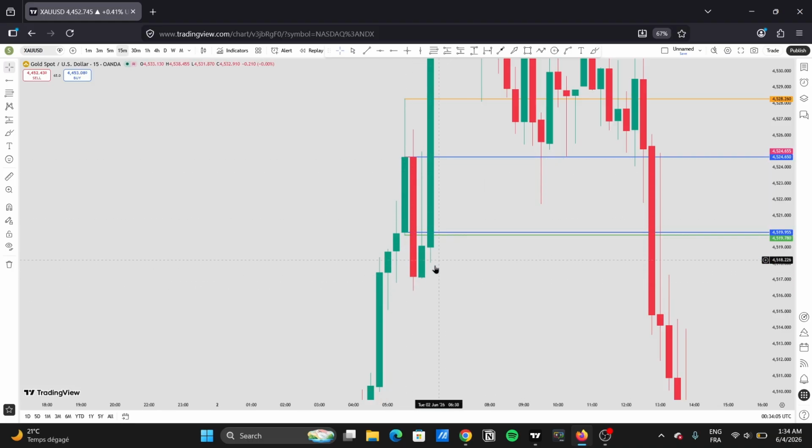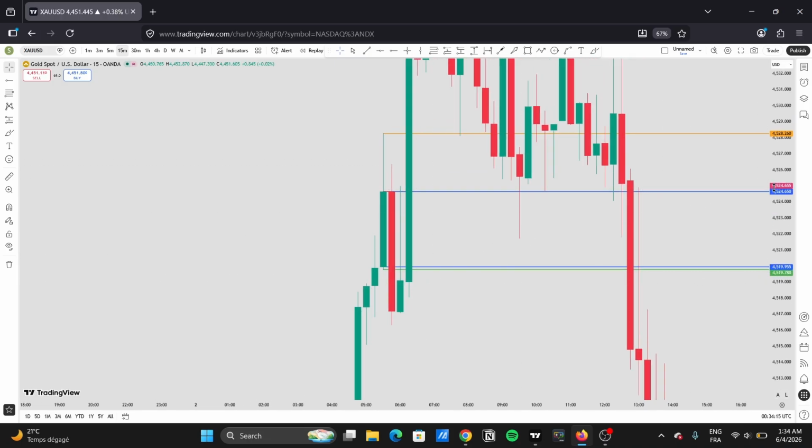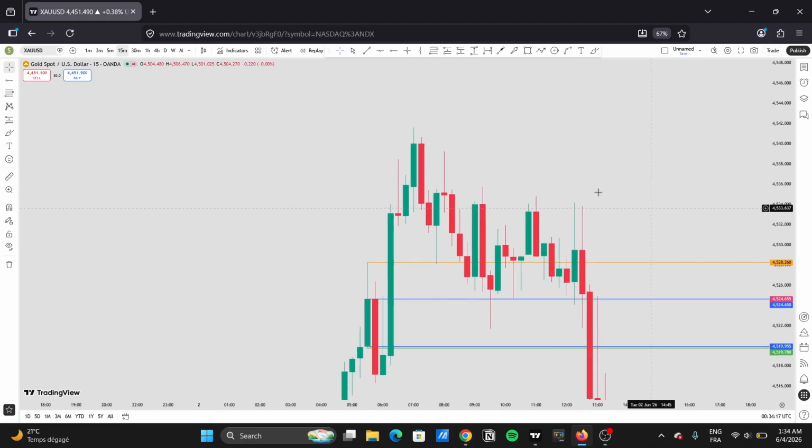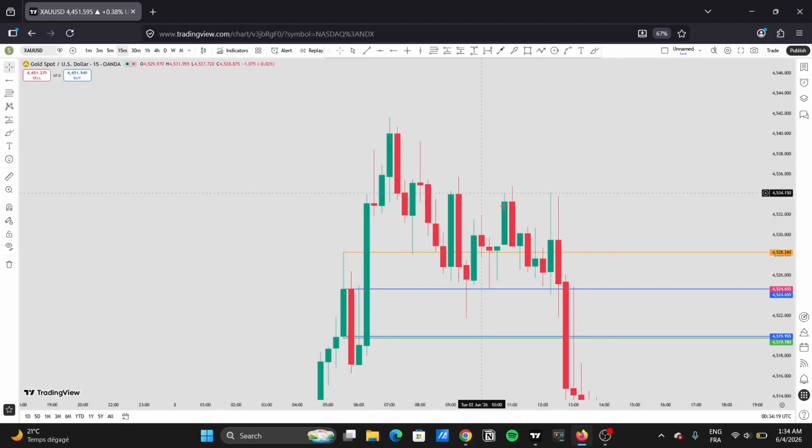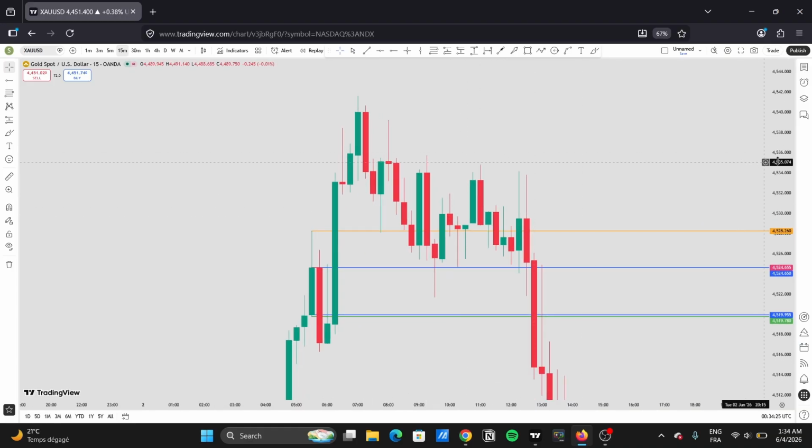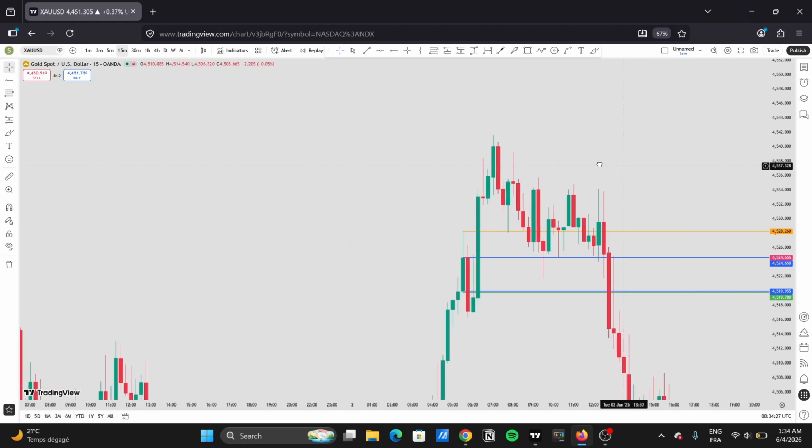The closing price becomes the opening price of the next candle. We opened here, made the low, made the high, and closed. We closed here, opened the other, and on and on. So this is all you can see right here. The chart is a bunch of candles opening one after the other, and that's how a chart is printed.